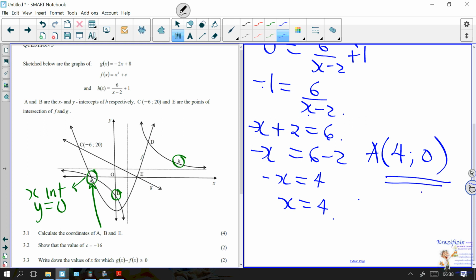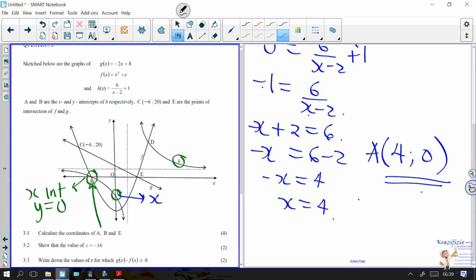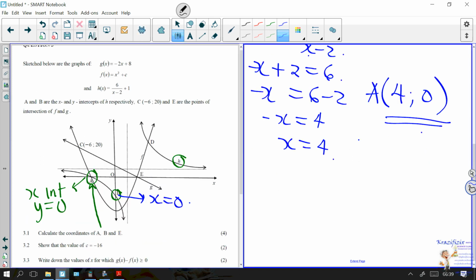What about B? Again, on the same graph, what do you notice about B? B is actually my y-intercept, so my x value equals 0. Since we're saying y equals 6 over x minus 2 plus 1, but here I'm looking for my y value.